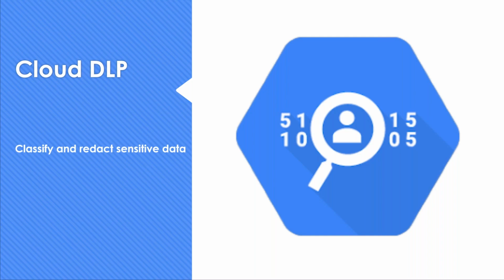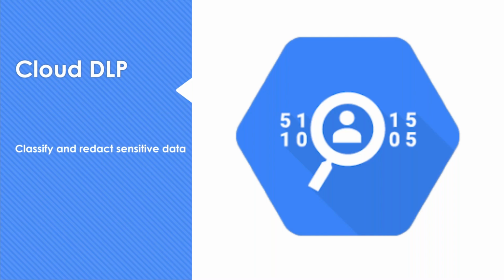First of all, you should be able to classify that 16-digit number as a credit card. Not all 16-digit numbers are credit cards, right? So it has to classify that also. So this is the product which can do that.